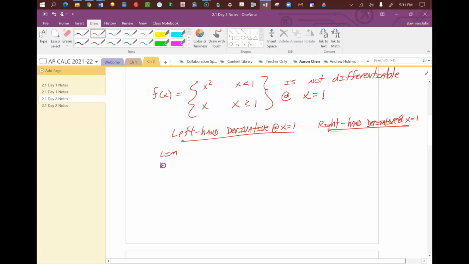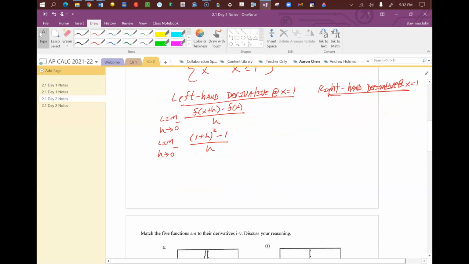The limit as h approaches 0, but it's going to approach 0 from the left, so h is actually going to be negative, of f of x plus h minus f of x over h. So that's going to be the limit as h approaches 0 from the left of 1 plus h quantity squared minus 1 over h, because we're taking the derivative at x equal 1.